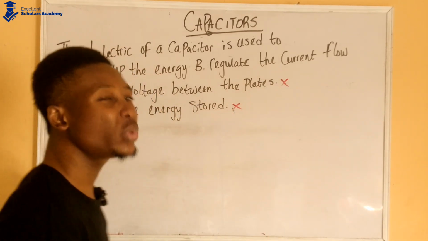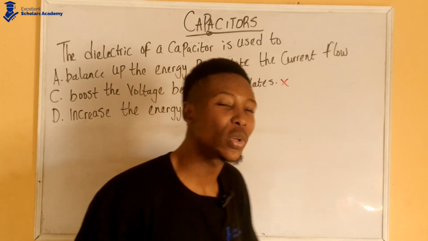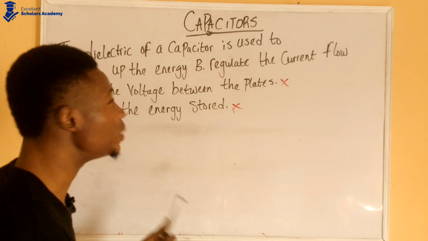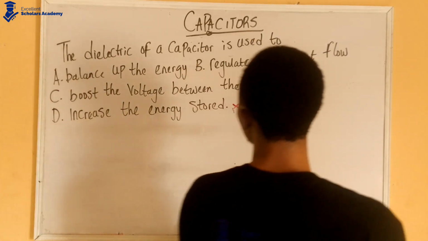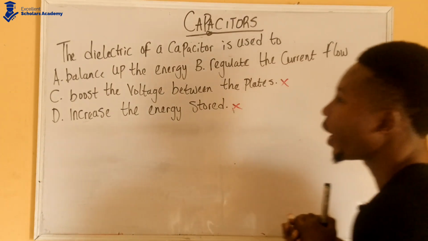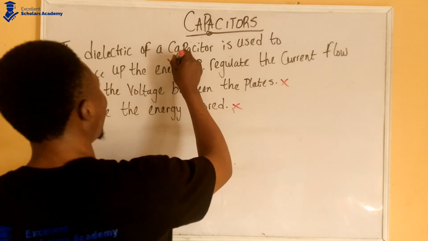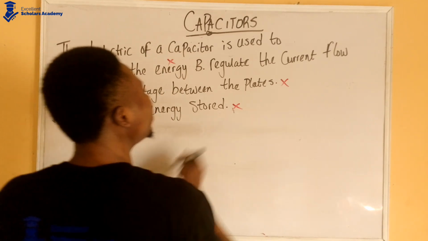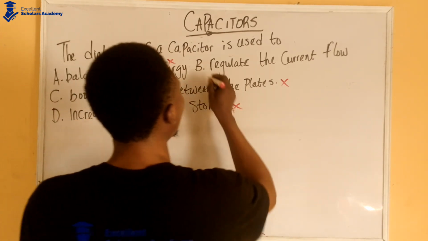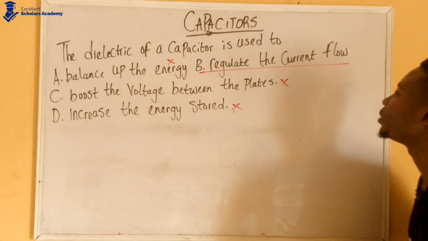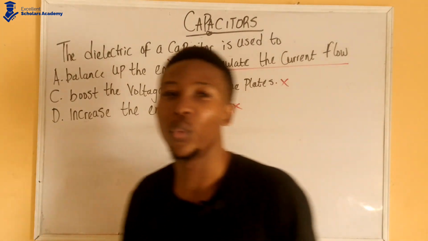If it's boosting anything, it should be the capacitance, because a dielectric helps the capacitance to go high. Balance of the energy, never. Now, it actually regulates the current flow. So the answer is the dielectric of a capacitor is used to regulate the current flow.